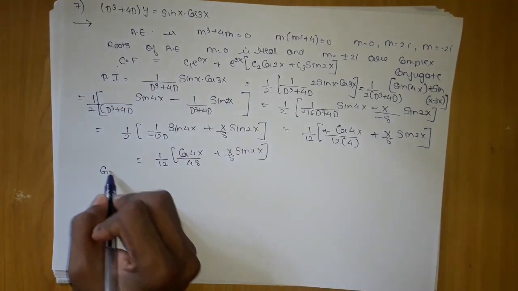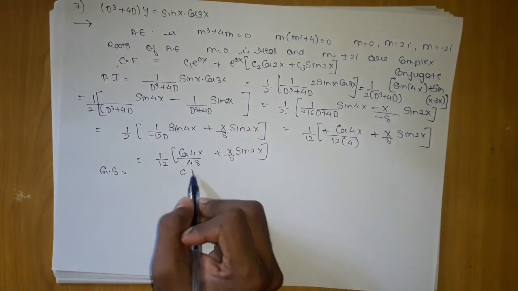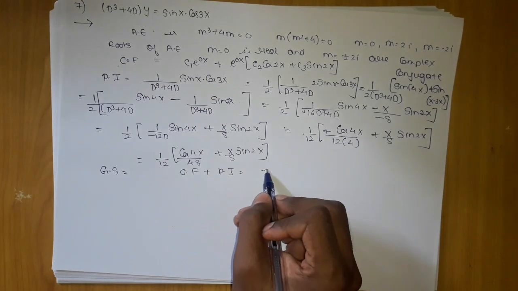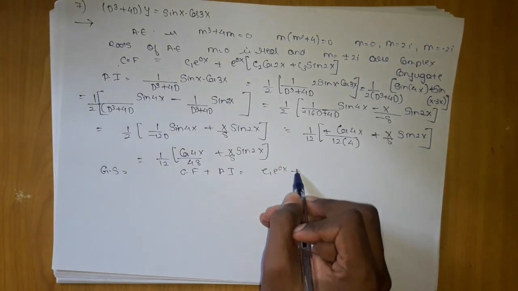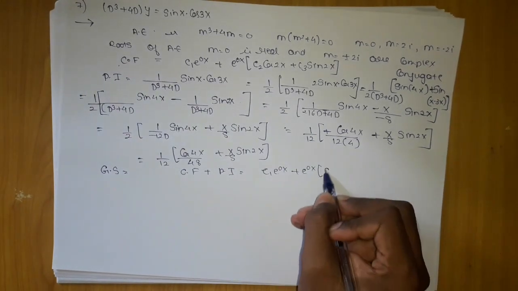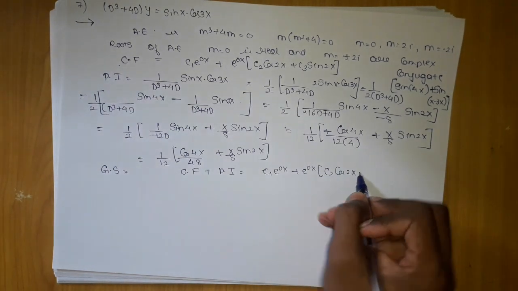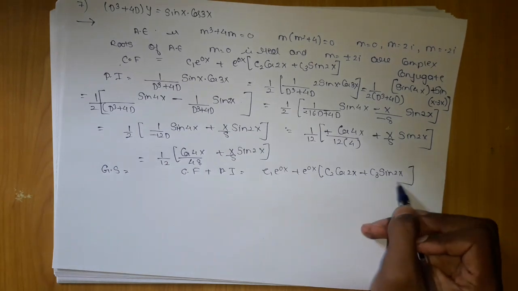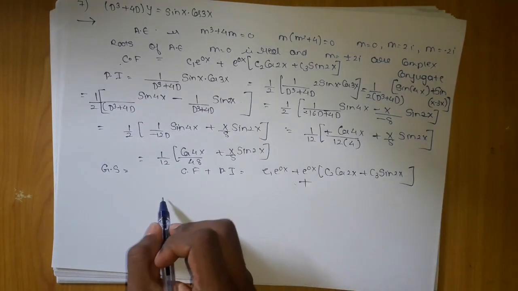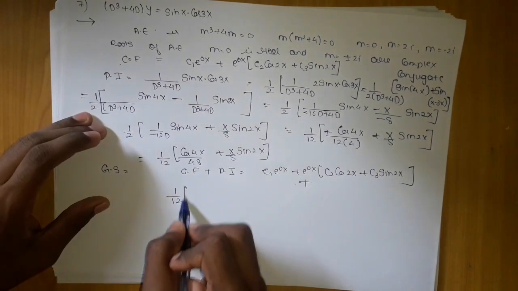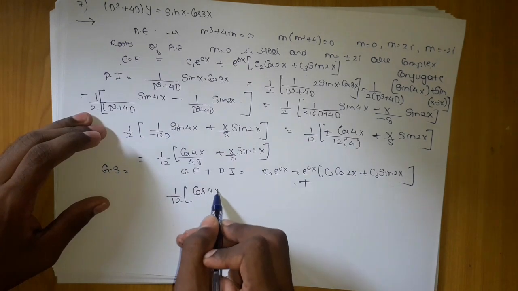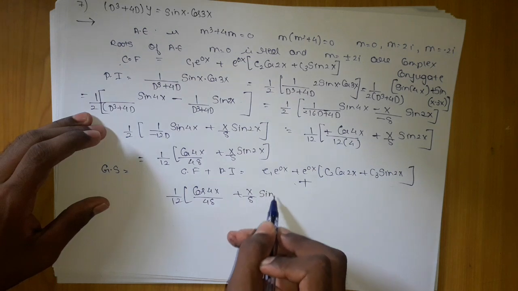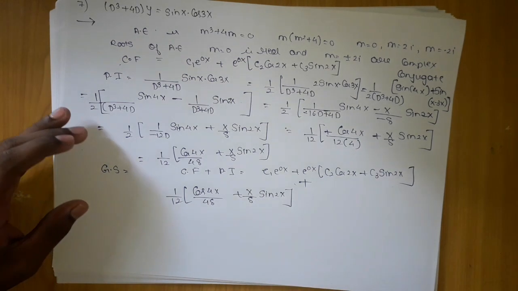General solution will be complementary function plus particular integral, where complementary function is c1 e to the power 0x plus e to the power 0x c2 cos 2x plus c3 sin 2x, and our particular integral is nothing but 1 by 2 bracket cos 4x by 48 plus x by 8 sin 2x. So this is our required answer.